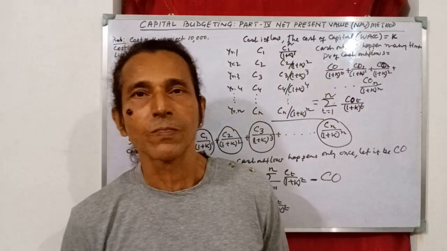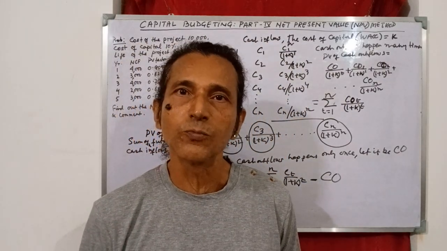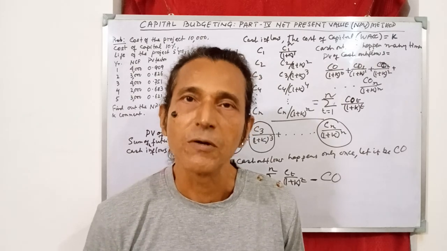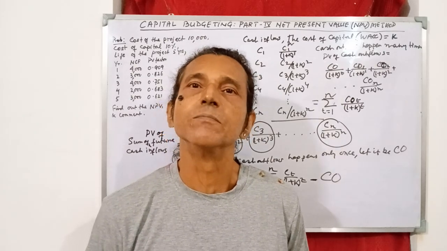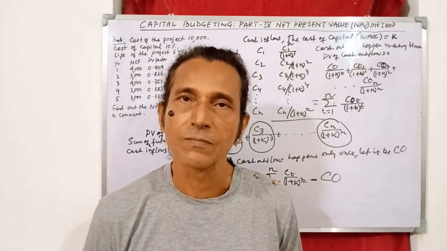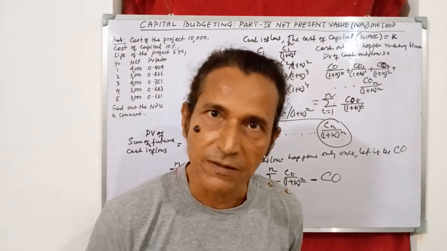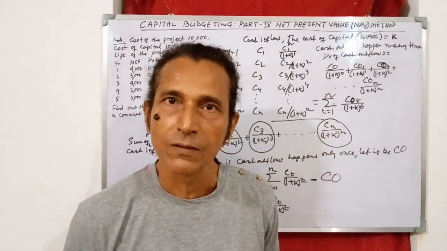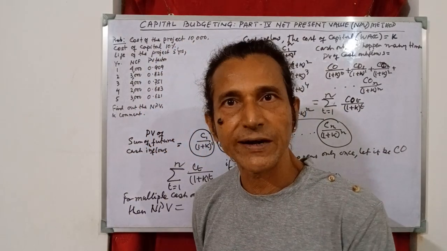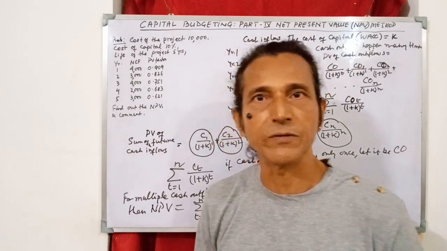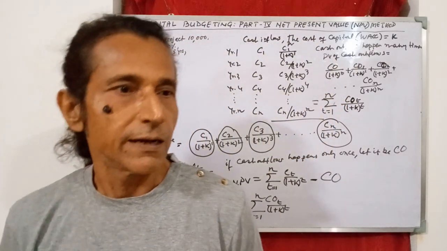And number three, when two projects have the same NPV, same cash outflow, but have dissimilar cash inflows, in that case it will be very difficult to select one project by applying NPV. So those are the advantages of NPV and these are the disadvantages or limitations of NPV. Correct?